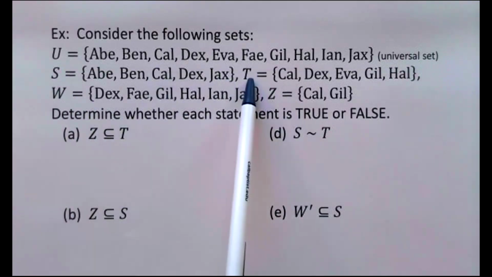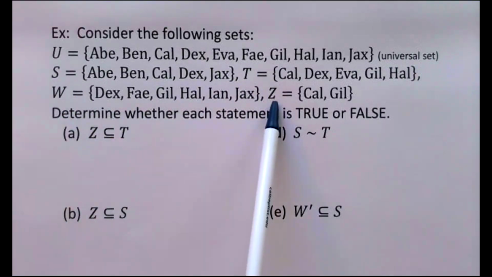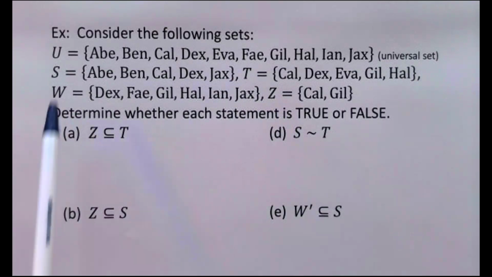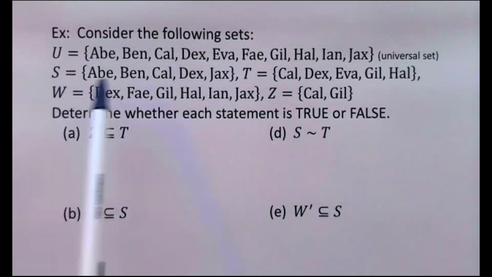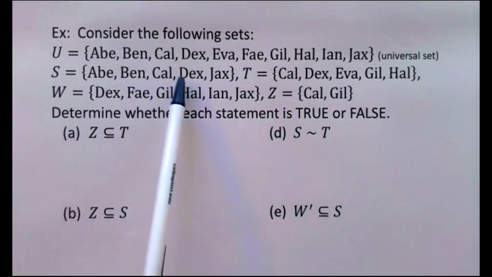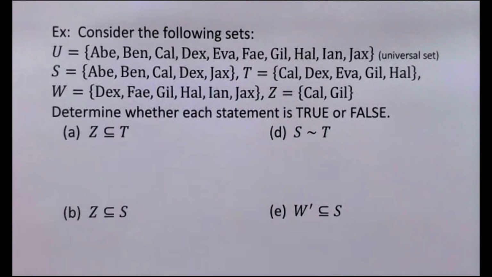Now, these other sets are defined this way. Set S has Abe, Ben, Cal, Dex, and Jax in it, and so on. So I define the universal set, and then I define 4 other sets. We are going to determine whether each statement is true or false.